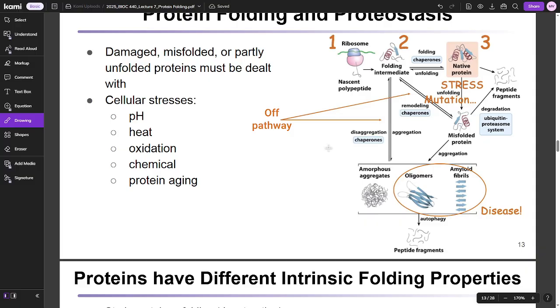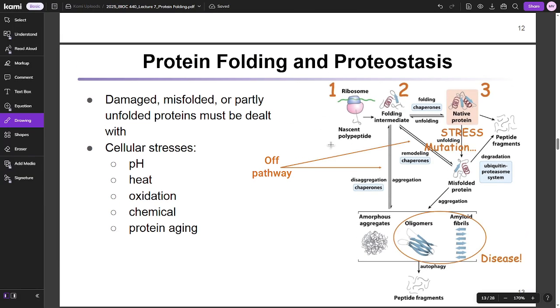All this to say that sometimes when an organism is stressed or your cells are stressed, right, it can cause mutations in these proteins, and that leads to many different things like aggregation, which leads to a disease. So Alzheimer's is actually an example of that, as well as Parkinson's, I believe, with Lewy bodies. But Alzheimer's, like amyloid beta plaques, I'm sure you've heard of them before.